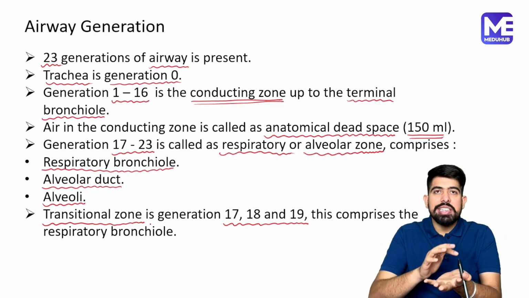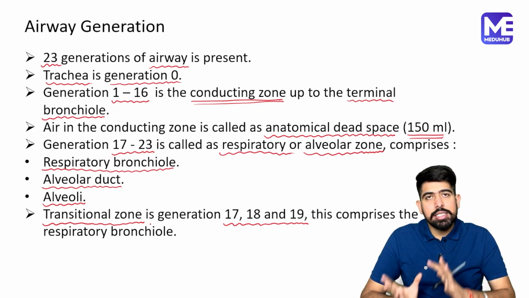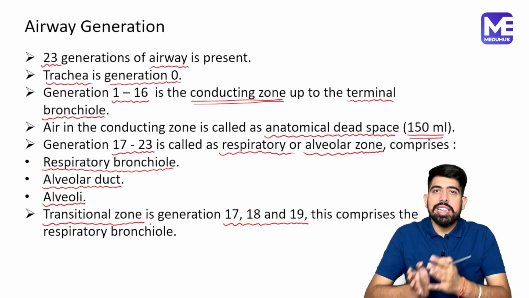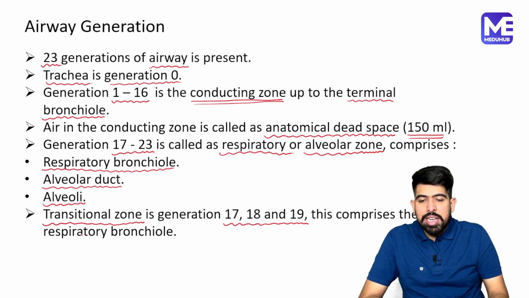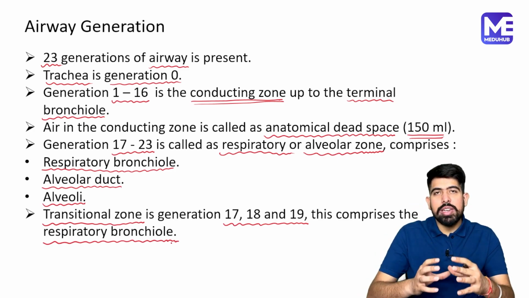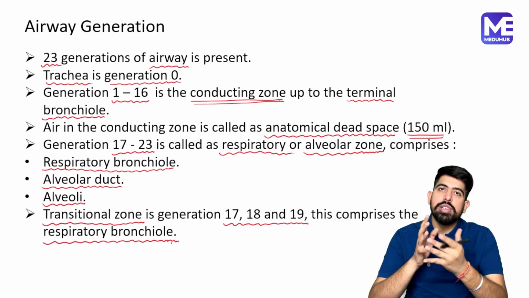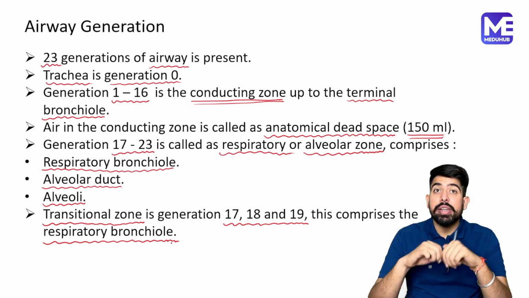So where the change, the transition, occurs, this is known as the transitional zone. And this transition zone is our 17th, 18th, and 19th generations, which is your respiratory bronchiole, right? So the respiratory bronchiole is known as our transitional zone. Here the conducting zone is converting into our respiratory zone, right?